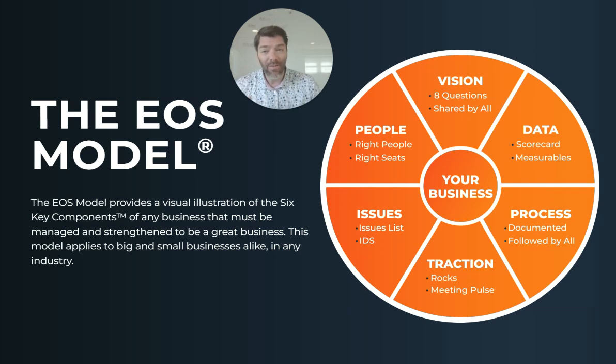The power of rocks is if you know that you have these one or two rocks that you're working on, that's what it's going to take to win the quarter. And if we win this quarter, we're on track to win the year. And if we win the year, we're going to be on track for winning our 3-year picture and our 10-year target. It brings you peace when you know that these are the top priorities, the things that we need to be putting energy and focus into.